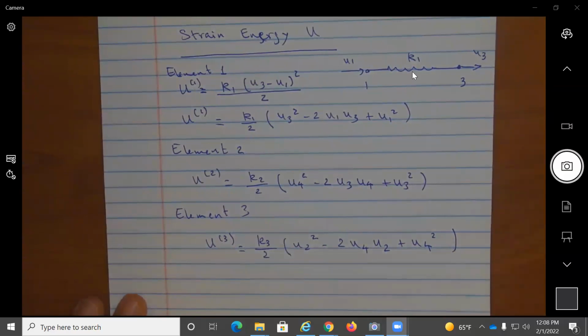Now, of course, the total strain energy is going to be the sum of all of these.